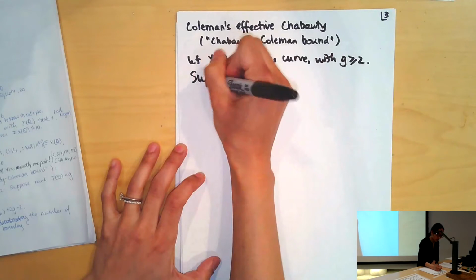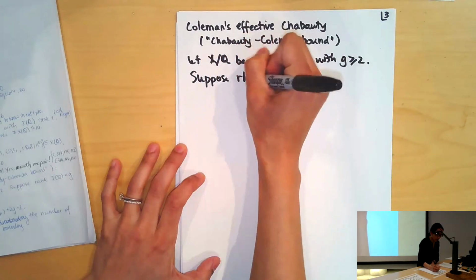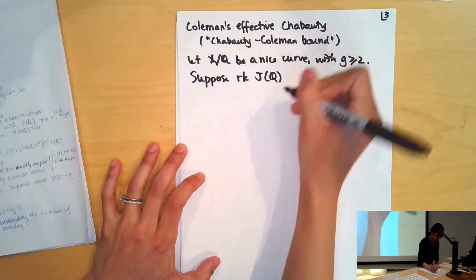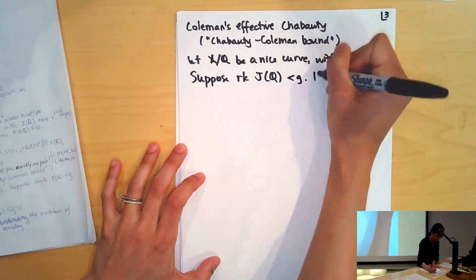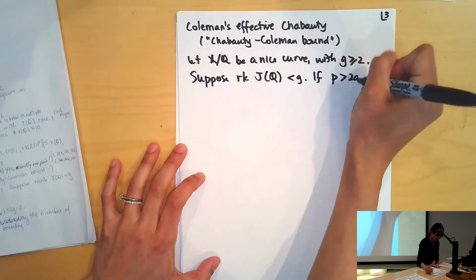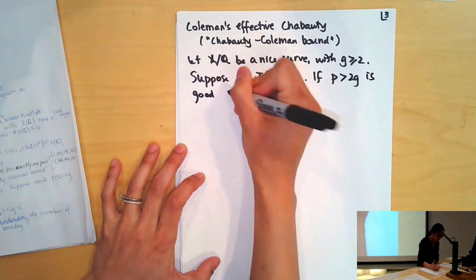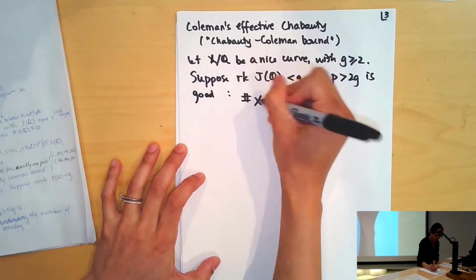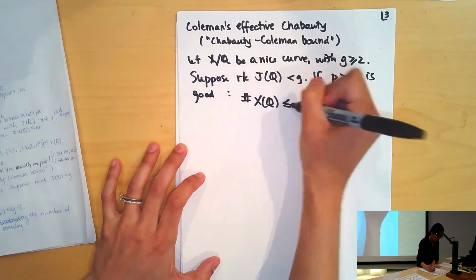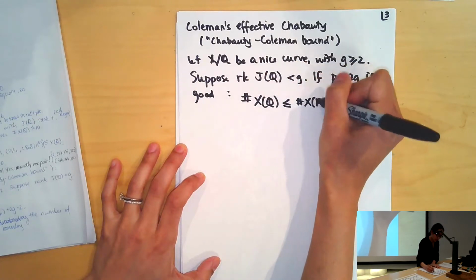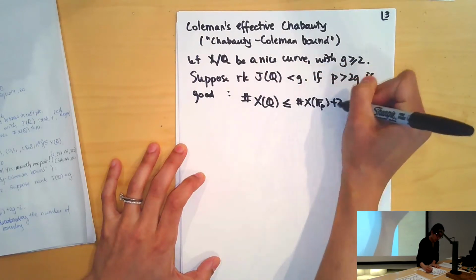And I'll suppose that the rank of the Jacobian is less than g. Now, if p is greater than 2g is a good prime, then we have the following, that the number of rational points is bounded above by the number of F_p points plus 2g minus 2.